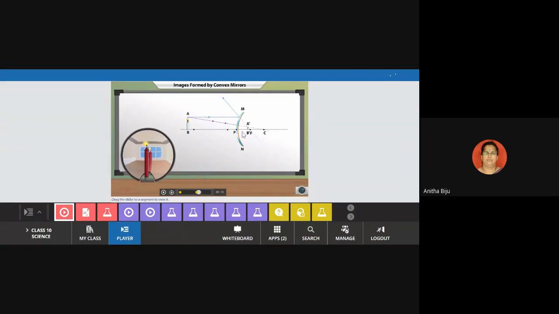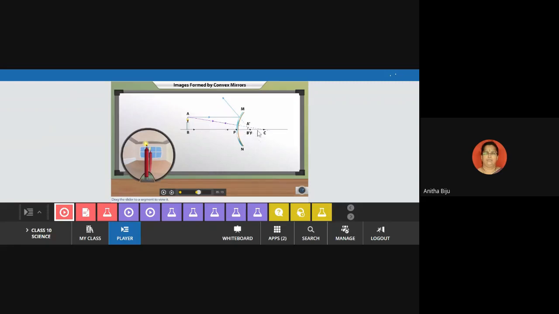So this is the ray which is moving parallel to the principal axis. After reflection, it appears to pass through the focus. The second ray, which is directed towards the center of curvature, takes the same path after reflection.